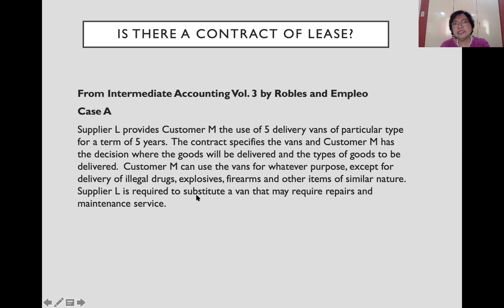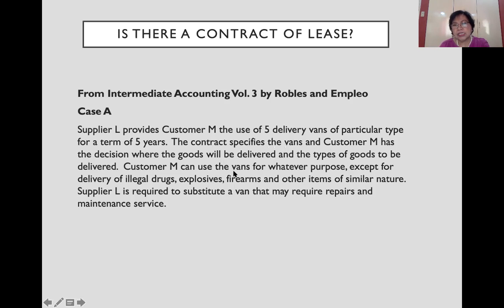Okay, therefore in this contract, the contract specifies the vans that will be conveyed to customer M. And customer M can use the vans for whatever legal purpose.